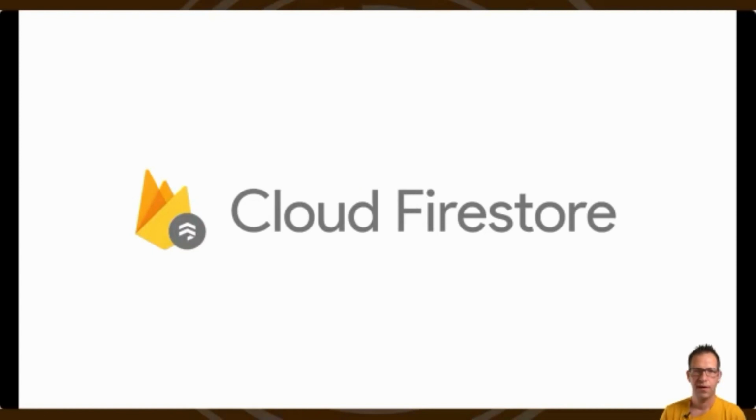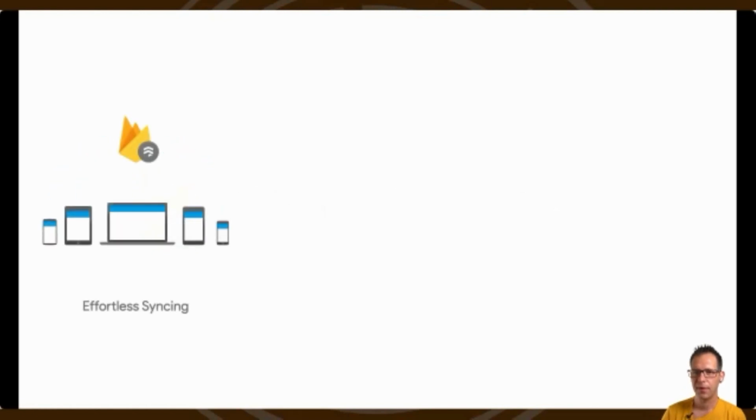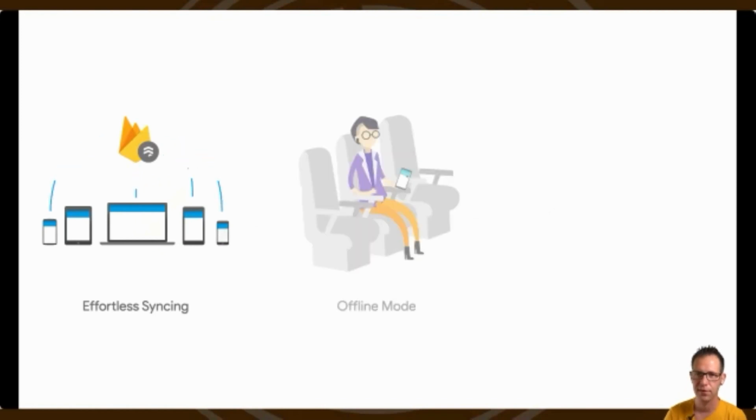It is a cloud-based, document-based, NoSQL database. And some of its features are effortless syncing. Once you connect to Cloud Firestore, any data that you add to the data store will be synchronized to all of your devices. Any changes that you make on any of those devices will be synchronized between those devices and all your other devices.